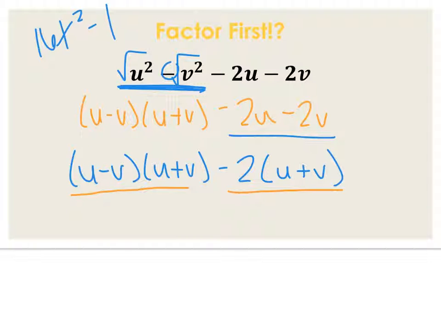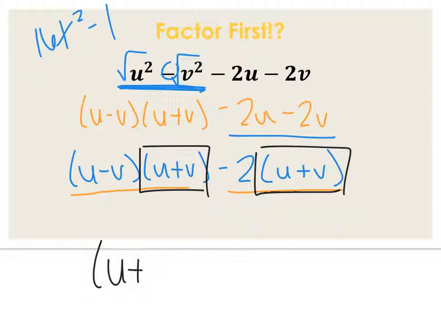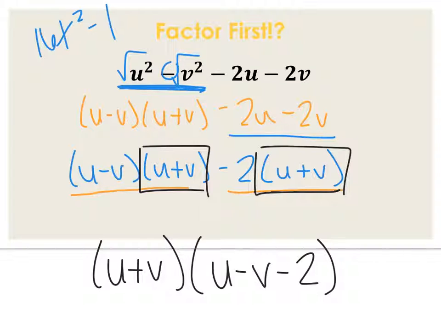Do they have anything in common? Hopefully you see, yep, this guy, this guy. That's what I can pull out. So I pull out my u plus v, and then you write everything you're left with, because you're left with u minus v minus 2.